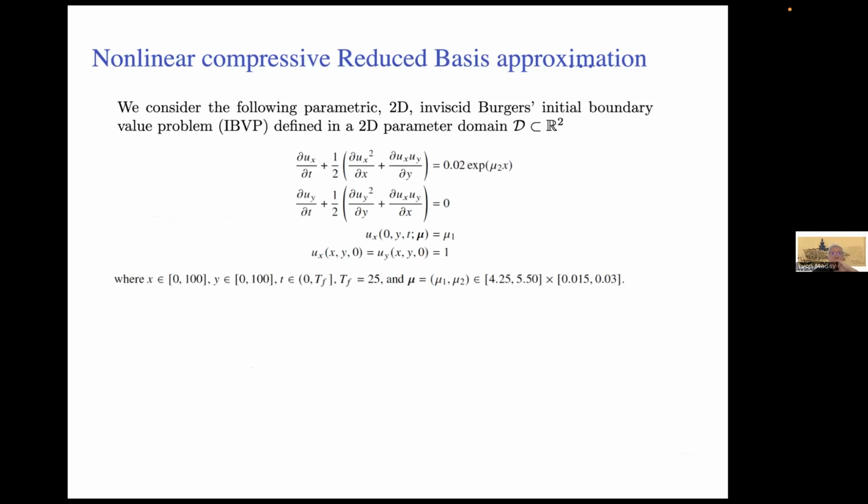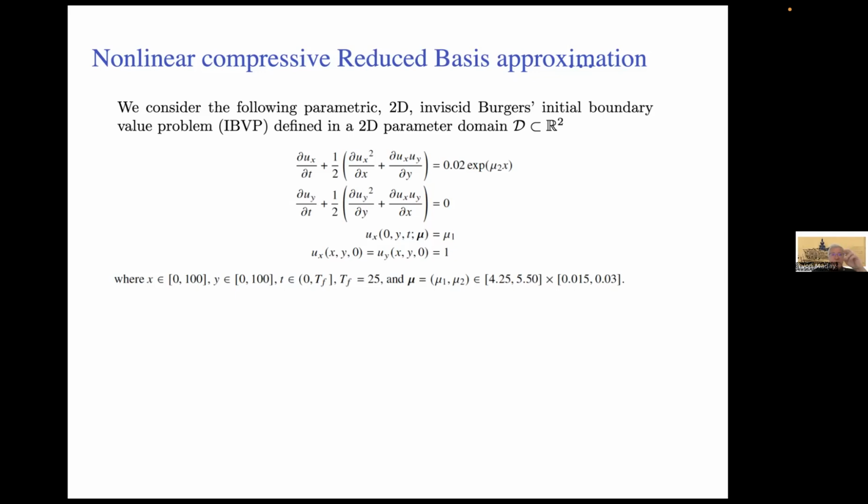Okay, so what we have done is to use this on the 2D implicit Burgers' equation, where there are parameters mu1 and mu2 in the boundary condition and in the right-hand side, with this expression of x, the box between 0 and 100, y going between 1 and 100, the final time, which is 25, and the parameters in this range.